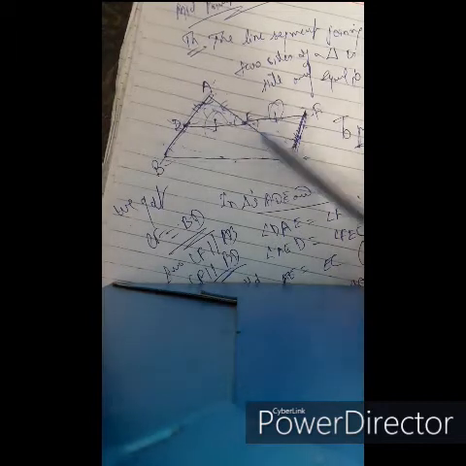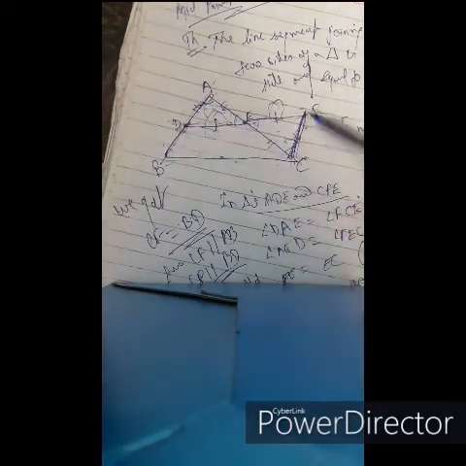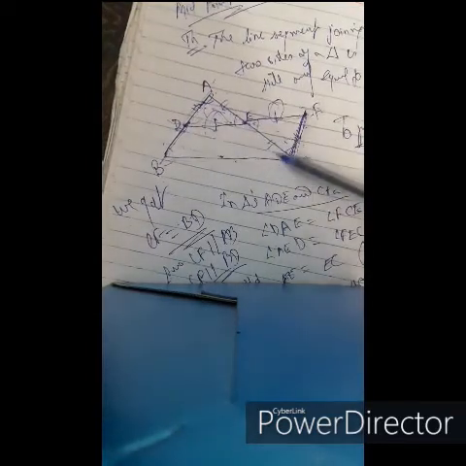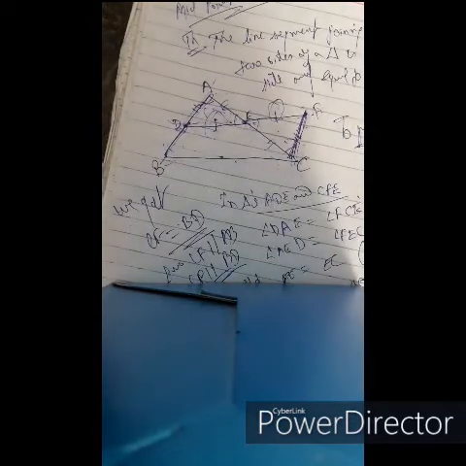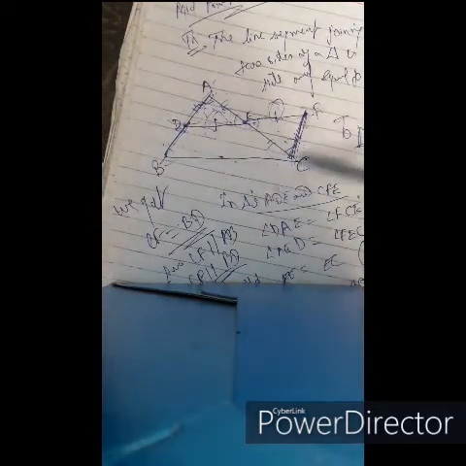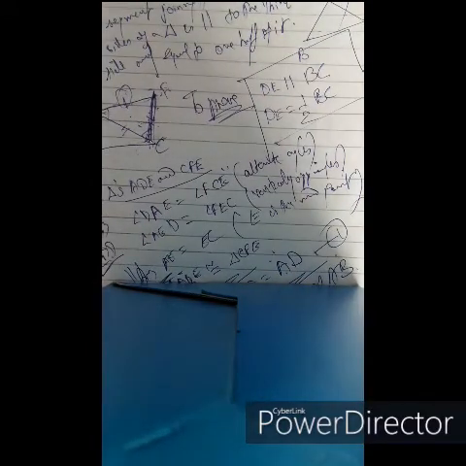So DE becomes half of BC, and since DF is parallel to BC, DE is also parallel to BC. DE becomes half of BC, DE is parallel to BC. Hence our given theorem is proved. That way we have to prove this theorem.